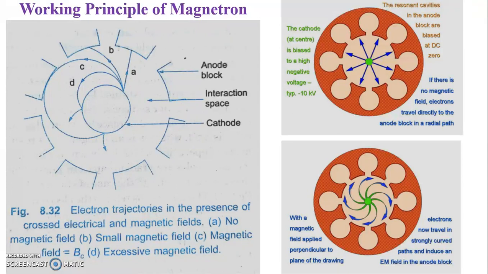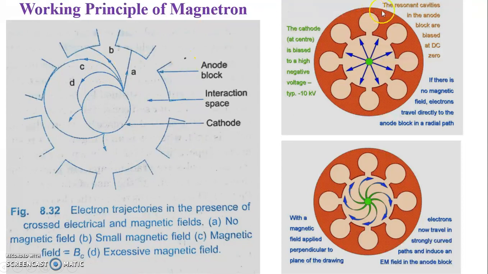If the magnetic field is made larger than the critical field, that is if B is greater than BC, then the electron experiences a greater rotational force and may return back to the cathode quite faster, as shown in path D. All such electrons may cause back heating of the cathode. This can be avoided by switching off the heater supply after commencement of oscillations.